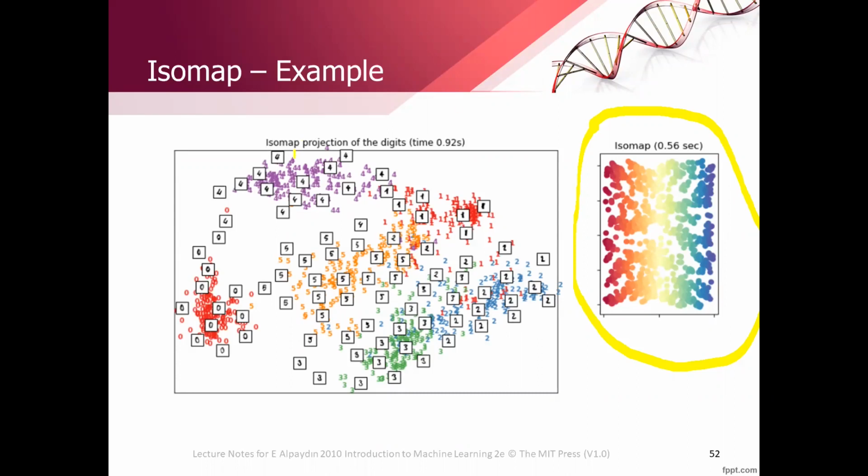And if we apply that on the digits data set, then we obtain this picture. Both pictures are from scikit-learn. So we can see that the digits are still nicely separated. These are 4s here, and so on.